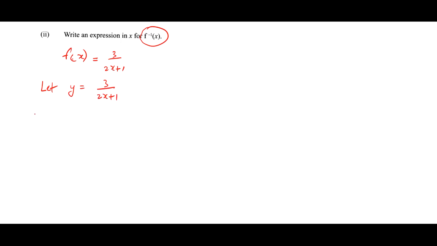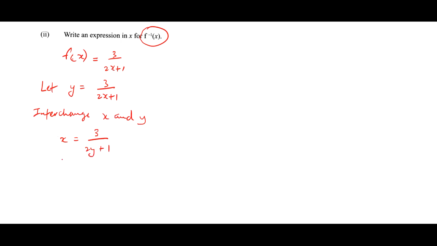Now, the next step here is to interchange x and y. So anywhere we see y, we put x, and anywhere we see x, we put y. So this becomes x is equal to 3 over 2y plus 1.